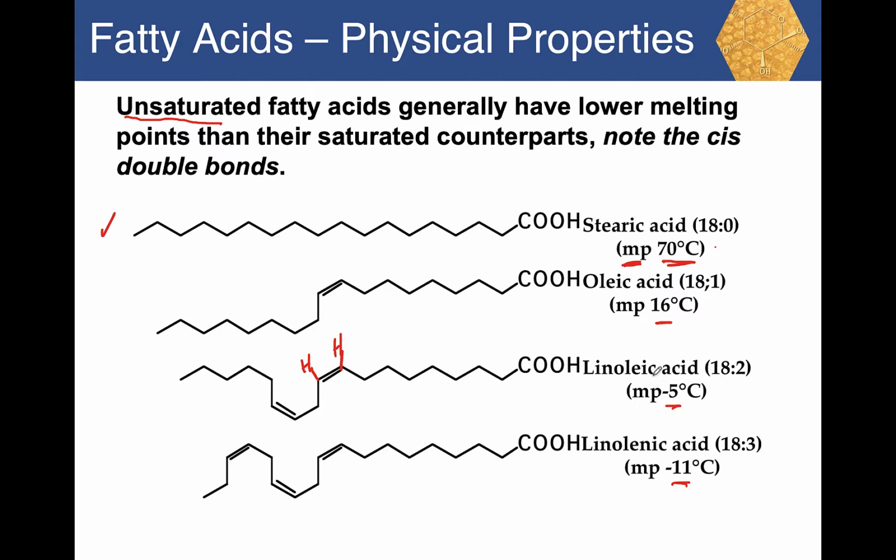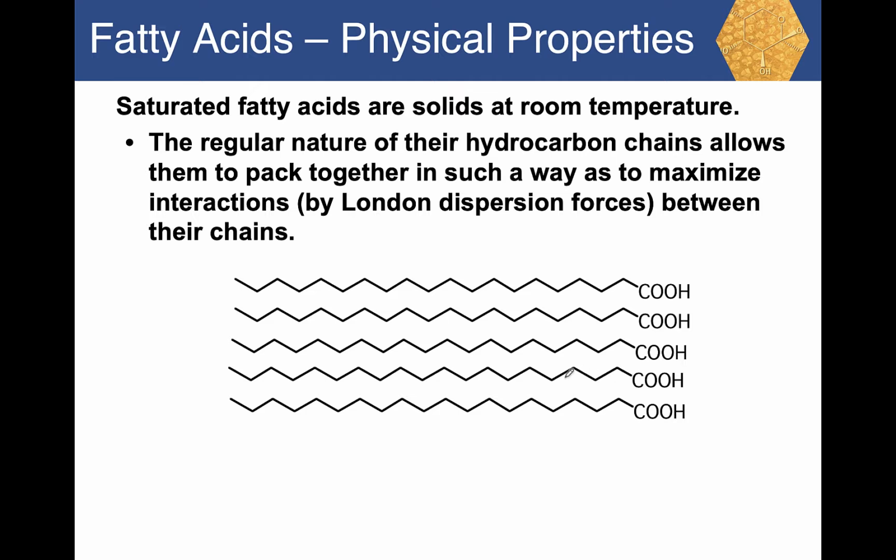Let's see why. Saturated fatty acids can align themselves like this in a very structured manner. Of course, as you know, to melt a solid means that we have to supply energy to break the interactions between these molecules. That requires energy, so it requires a higher temperature for melting.